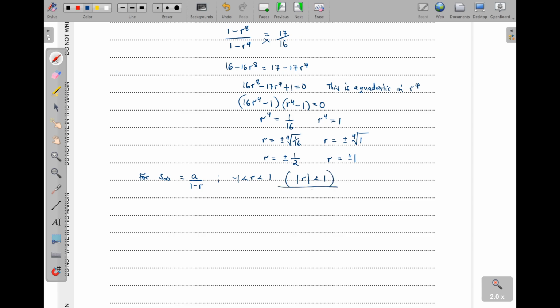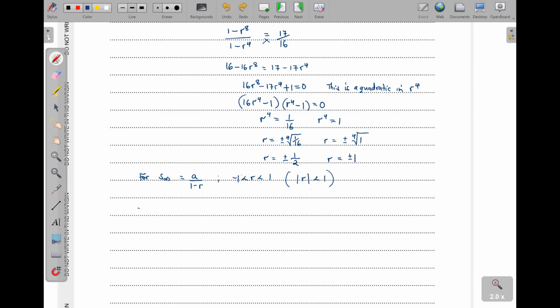When you look at modulus functions in A level, in Pure Mathematics 3, you can know how this comes about, which I'm not going to go through. That means r cannot be -1, neither can it be 1. So we are going to take these two values.